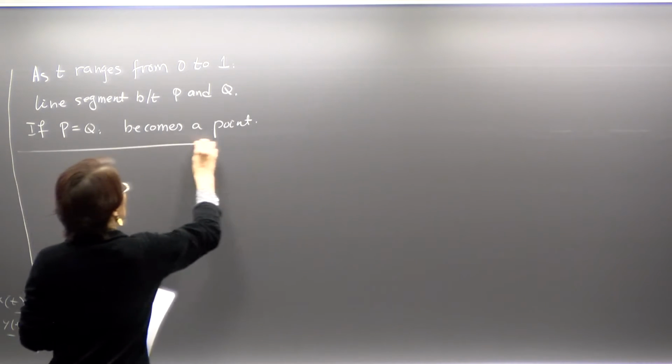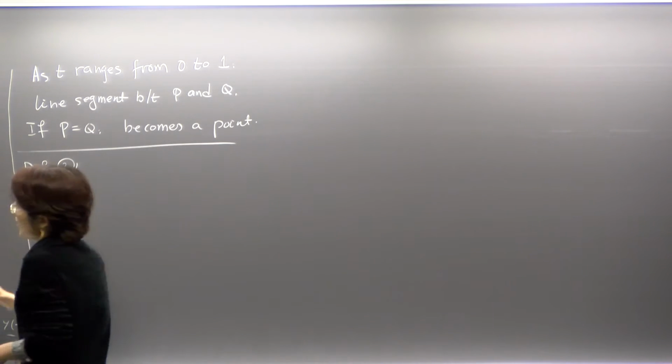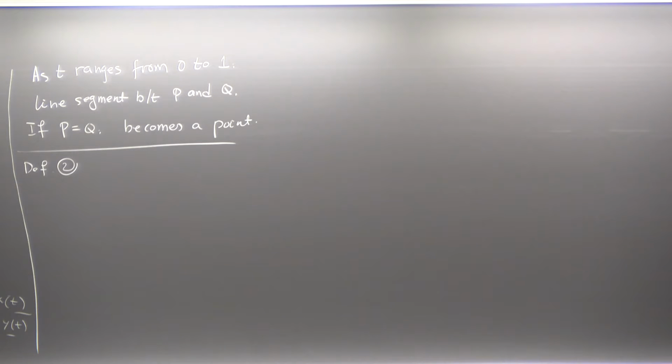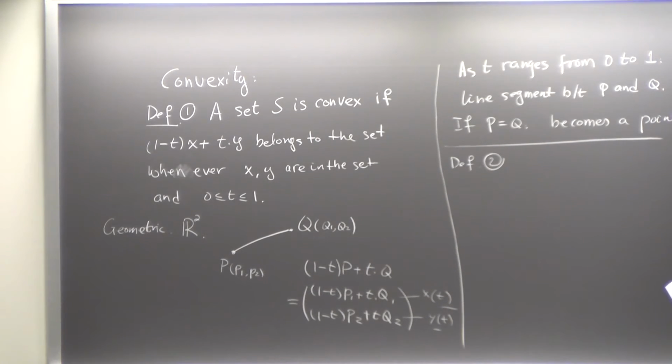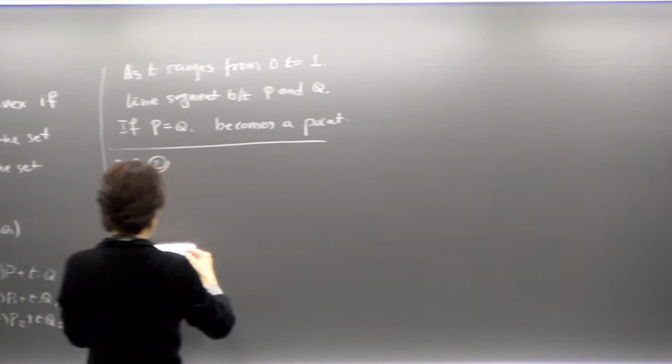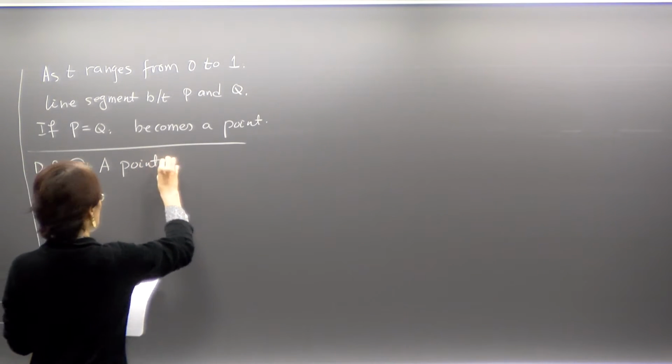Okay, so let's put in another definition. This way of linearly combining 2 elements, in this particular way in this definition, is related to convexity, so it has a name. You know it's a linear combination, but in a special way.